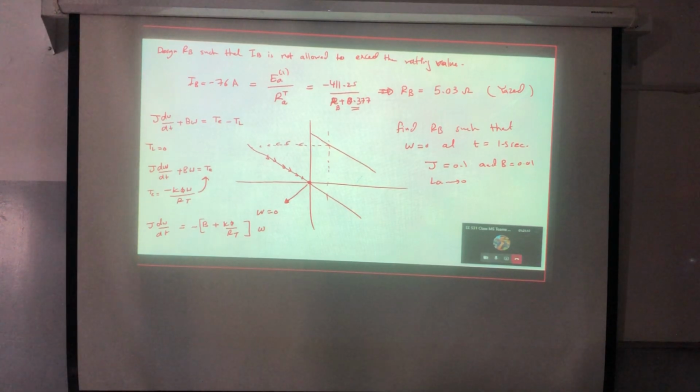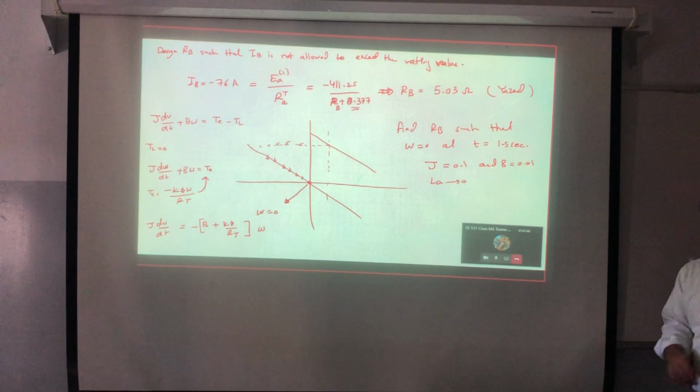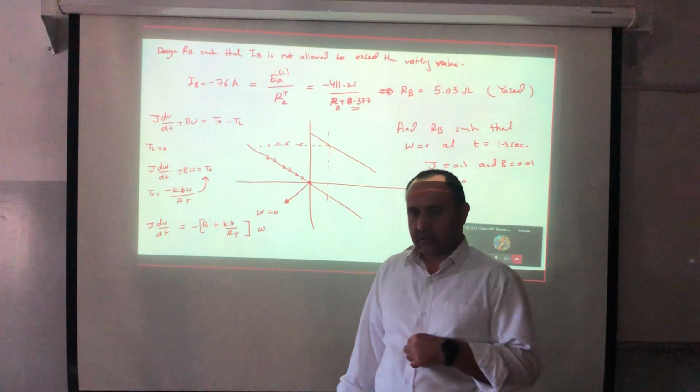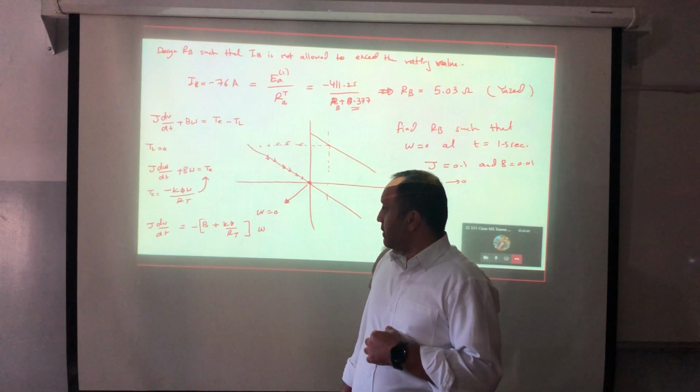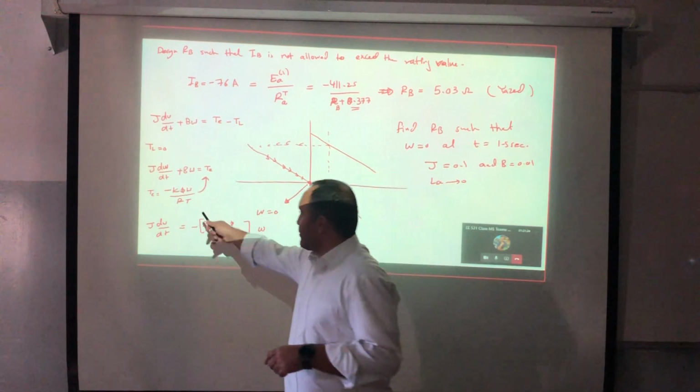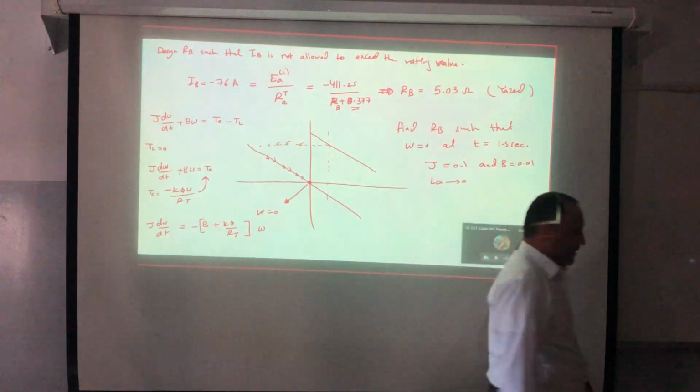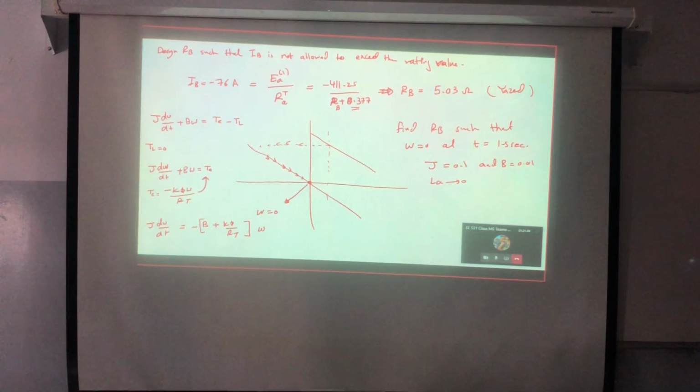Do you have any question? Why is there a minus, and how does this come over R total? This should be K phi here. This is the current. So the current IA is equal to minus EA over R total.